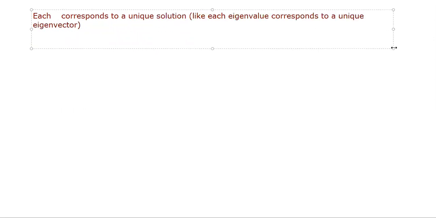So every one of these L's that we pick is going to correspond to a unique function. You can just see that by looking at the differential equation.